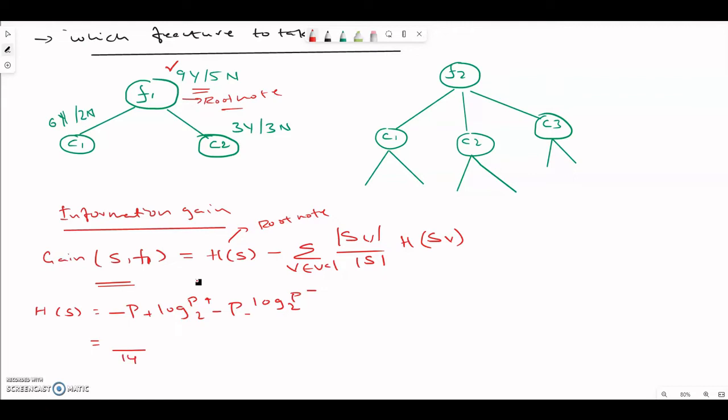The probability of plus, meaning yes, is 9 by 14: minus 9 by 14 log to the base 2 of 9 by 14, minus the probability of no, which is 5 divided by 14, log to the base 2 of 5 by 14. This is our entropy for the root node, and after solving this we get 0.94.